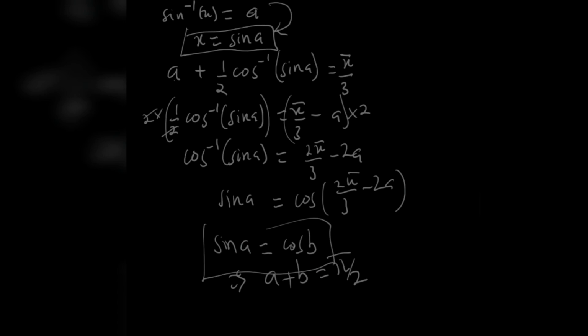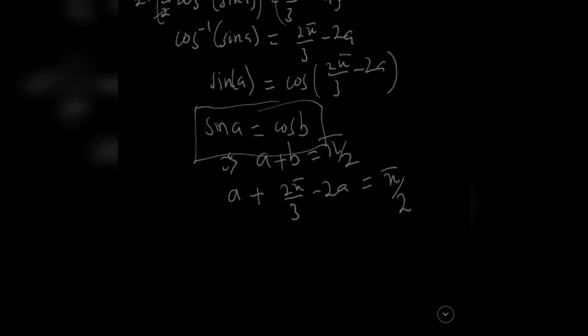That is, if you add these two angles up, you should get 90 degrees. That's what we are going to use to find the value of a. So if sine a equals cos of the whole of 2 pi over 3 minus 2a, then a plus 2 pi over 3 minus 2a should give us pi on 2. Okay, so we just find the value of a from this.